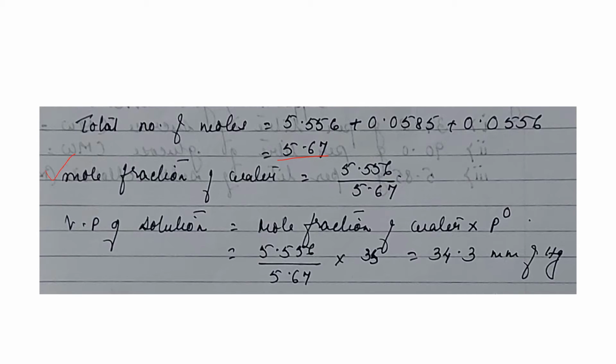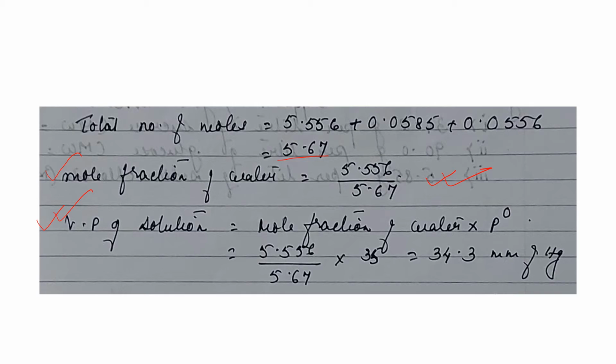Find out the mole fraction of water. Mole fraction of water is the number of moles of water, that is 5.556, divided by the total number of moles present. So it is 5.67. Now I have to find out the vapor pressure of the solution, that is equal to mole fraction of water into P0, the vapor pressure of pure water.